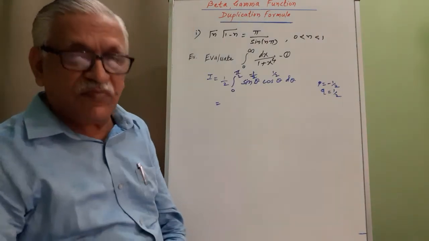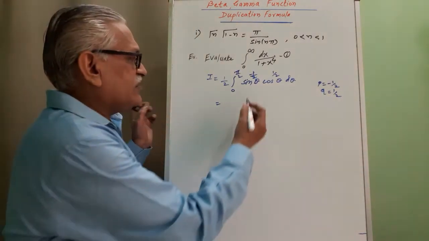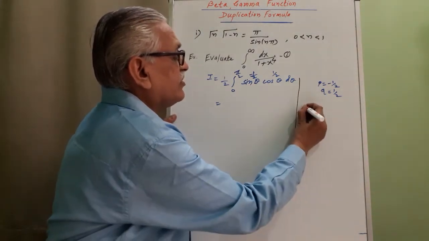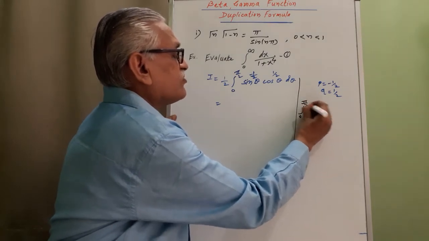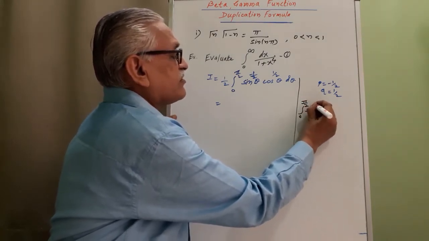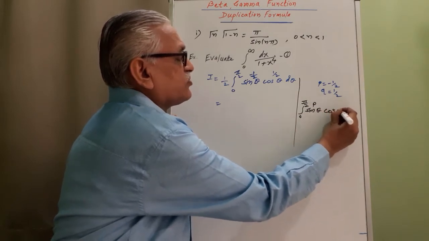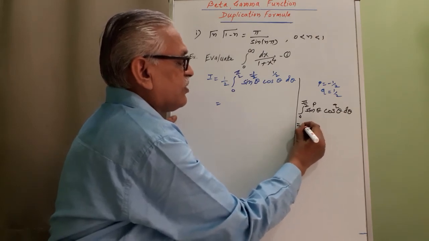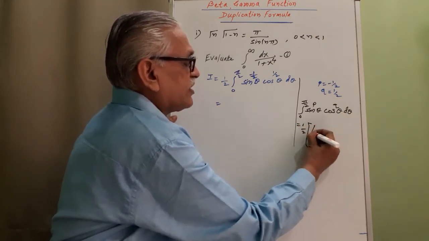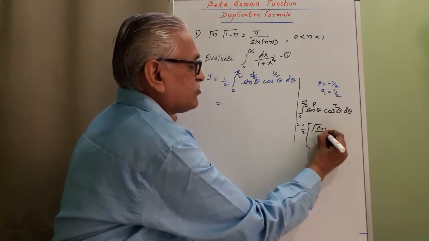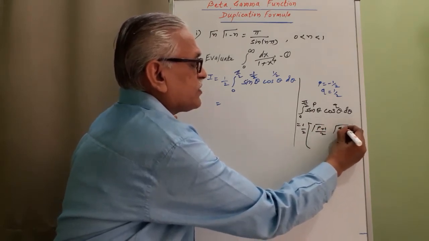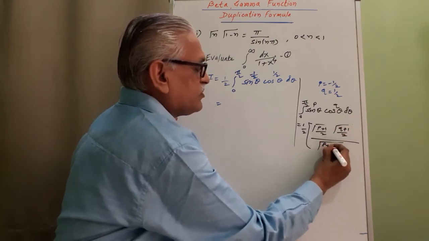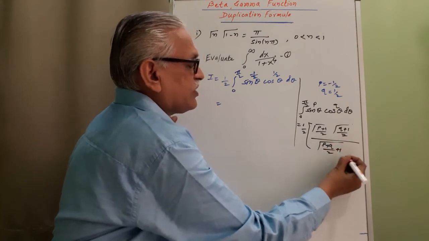Using the reduction formula, we know that the integral from 0 to pi by 2 of sin theta raised to p cos theta raised to q d theta is equal to 1 by 2 times gamma of p plus 1 by 2 into gamma of q plus 1 by 2 divided by gamma of p plus q by 2 plus 1.